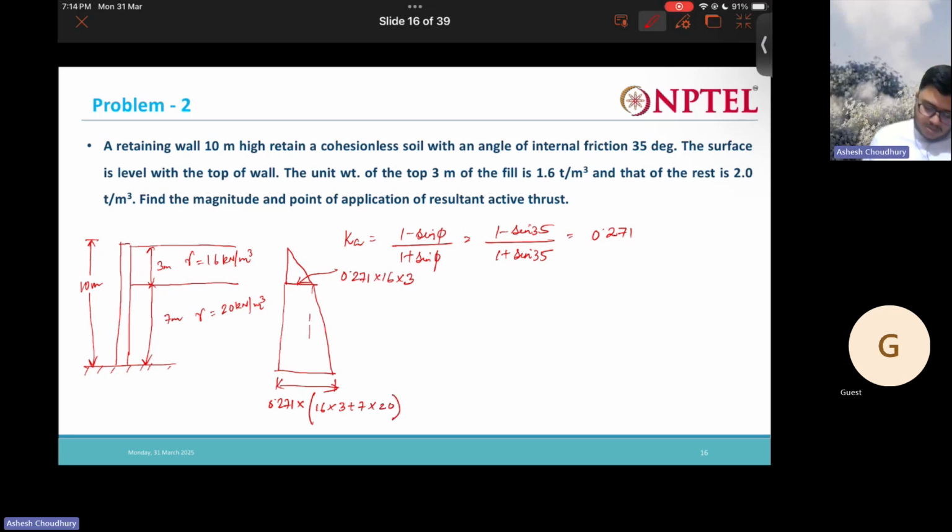So this is 16 into 3 times 0.271. Sorry, this is the other part.